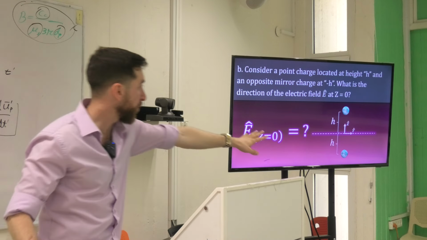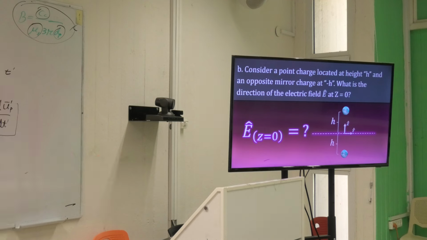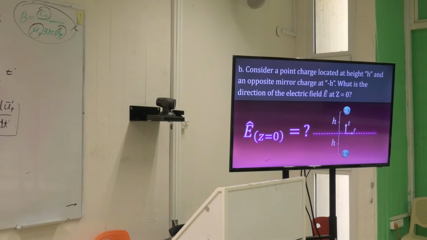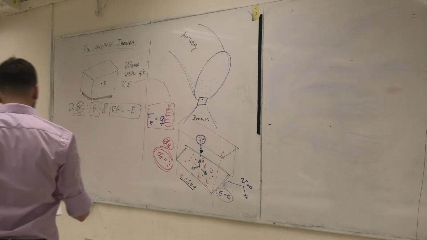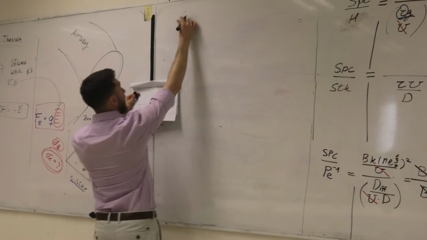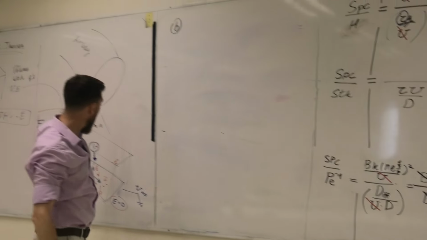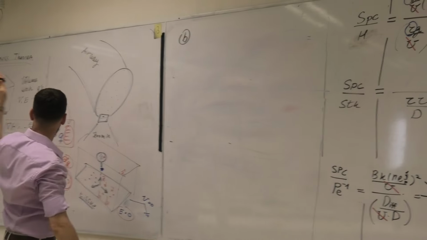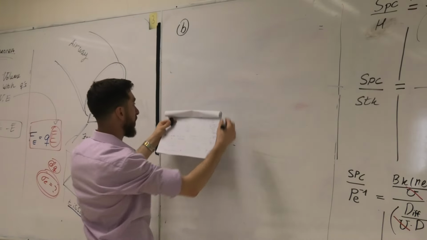Here we don't have a conductor, just two charges in space. So let's solve it. This is B. So for A, we explained why it's hard to do it, and we explained what we're going to use, the uniqueness theorem. And right now we're going to see our first example.